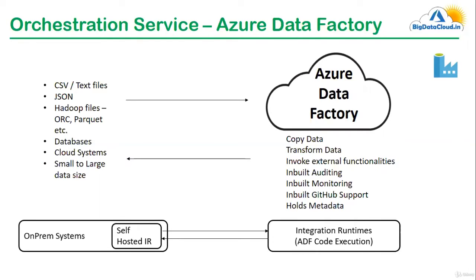It is a kind of software we have to install in our on-premise network, where this self-hosted integration runtime is able to connect to the Azure Data Factory. This self-hosted integration runtime, SHIR, helps us to move data between on-premise systems and the Azure Data Factory or the cloud.